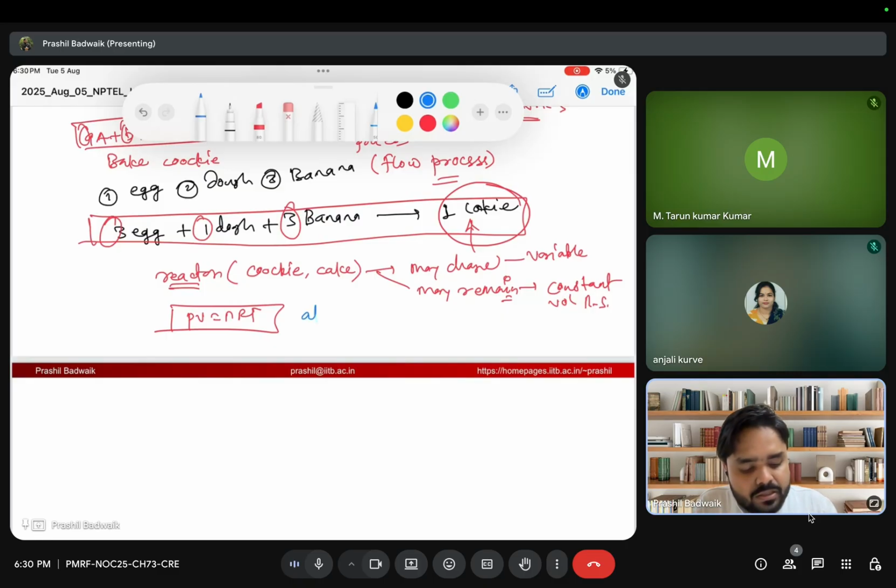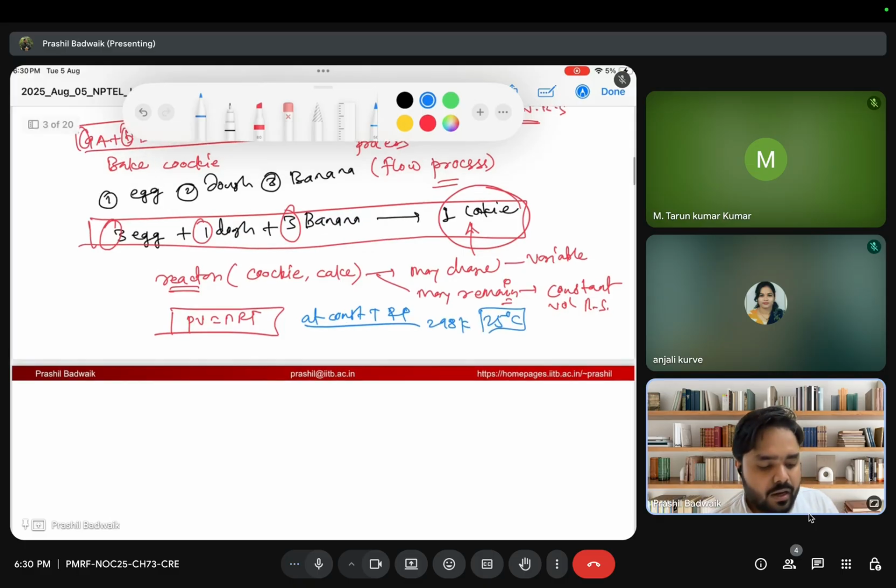So at constant temperature and pressure, which is what we see, the room temperature is 298 Kelvin, which is 25 degrees Celsius, and pressure is the surrounding atmospheric pressure, so pressure is equal to 1 bar. So at constant temperature and pressure, you are preparing a cookie or a cake, so these factors will be constant.